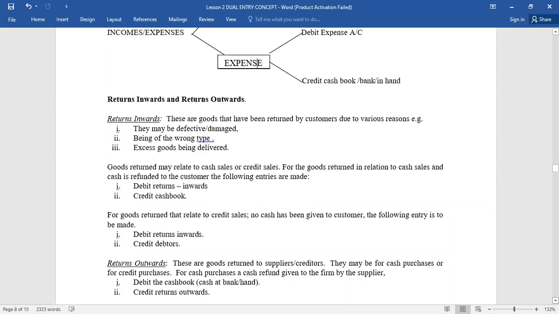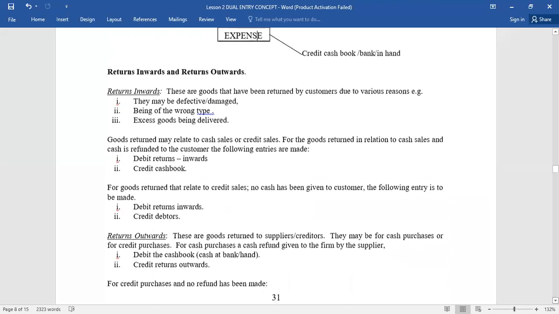You had used cash. So you are affecting your cash. So what will happen when you are returning outward? You are going to collect the cash that you had given for the purchases. So your cash will increase, you are going to debit your cash. But your return outwards will go down, so you are going to credit. Are we there?